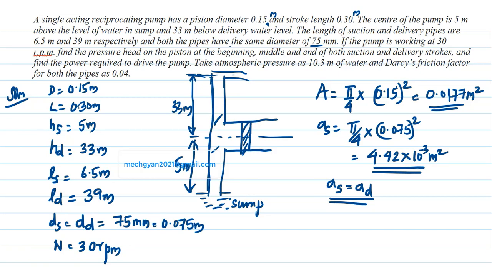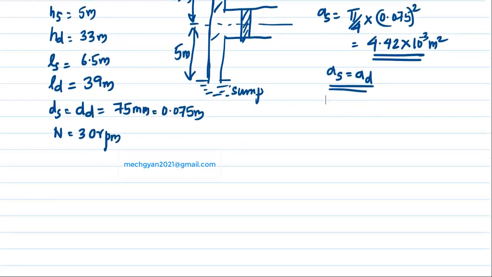Now we have to find out, first of all, what is HAS. So let's start here. From the equation we know it is ls by g into a by as into omega square r cos theta.